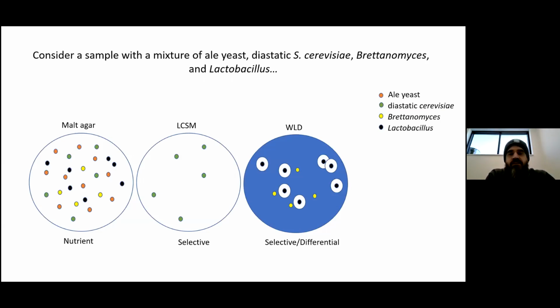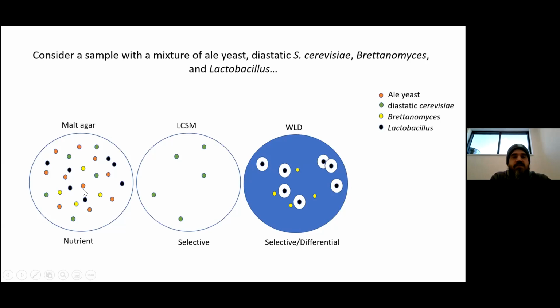This is a little picture I drew up to show you what I mean by all of these concepts. What you're going to want to consider here is the key over on the right. We've got an ale yeast shown in a pinkish orangish color, green is diastatic S. cerevisiae, yellow is Brettanomyces, and purple, or black, is Lactobacillus.